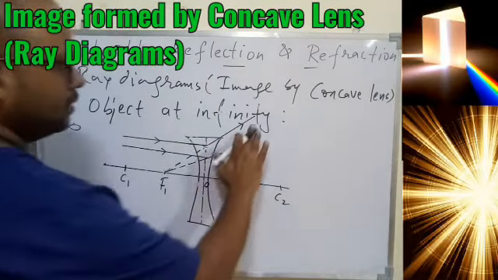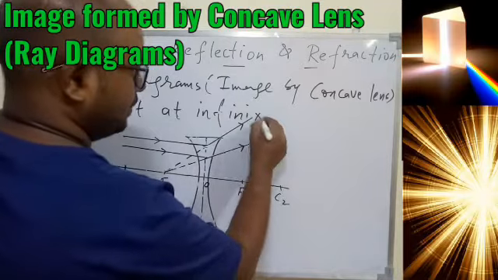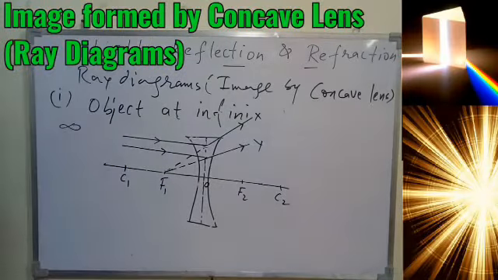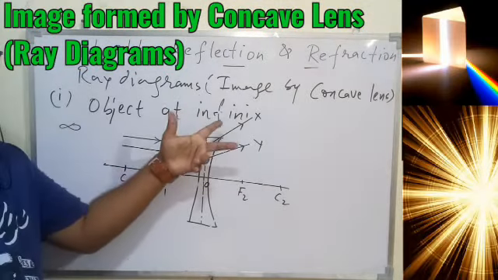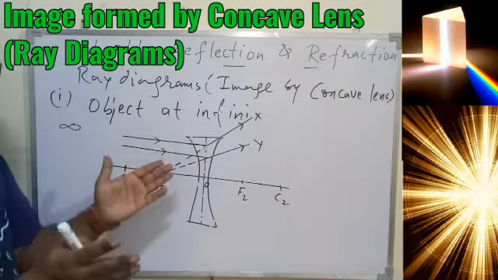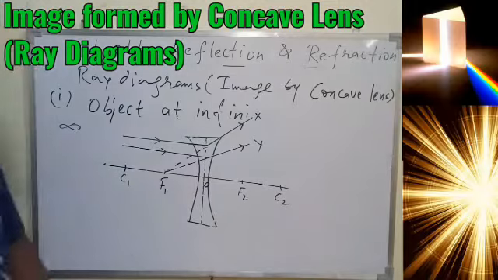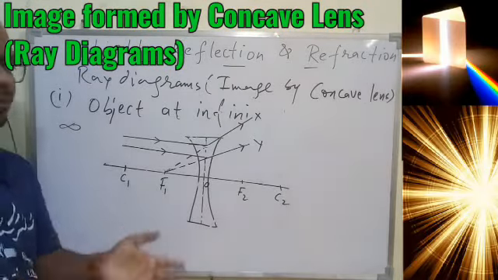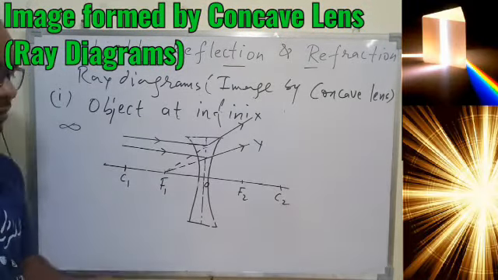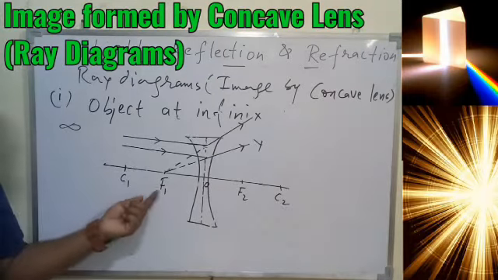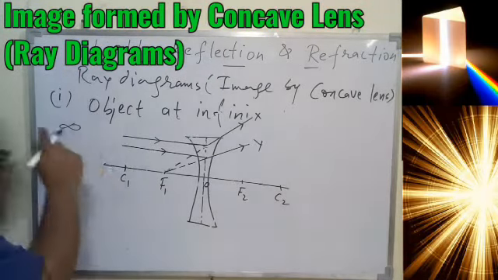Let's give the names X and Y. You can see clearly here that the two different rays X and Y are diverging from each other, and if they are diverging they cannot meet in front, and a real image is not possible, as we have already understood in this case.